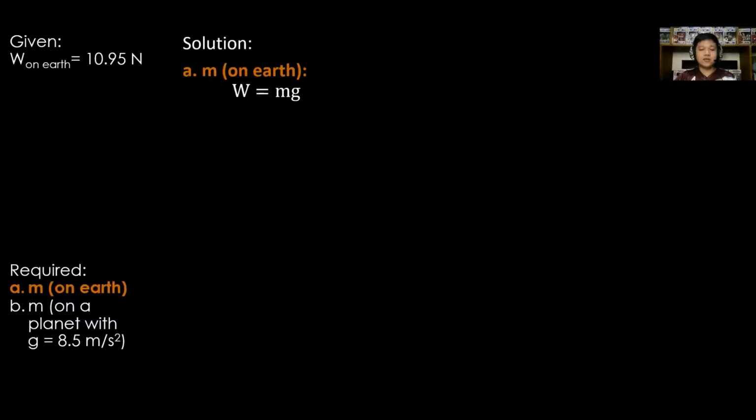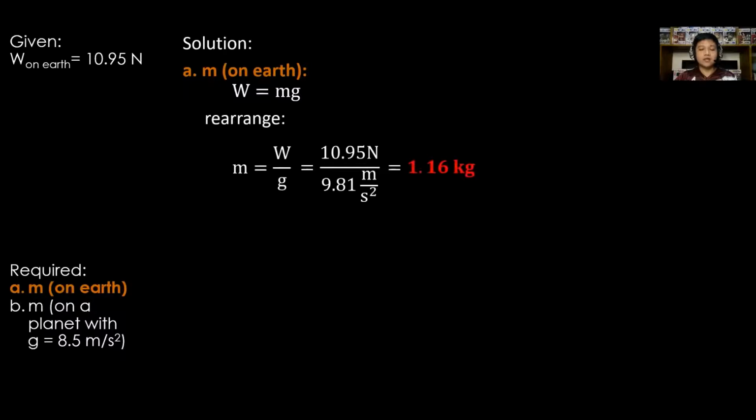W again is equal to M times G. Rearranging this, M is equal to W over G, wherein W is 10.95 newtons over the gravitational pull for metric on Earth, 9.81 meters per square second. Mass therefore is equal to 1.16 kilograms.